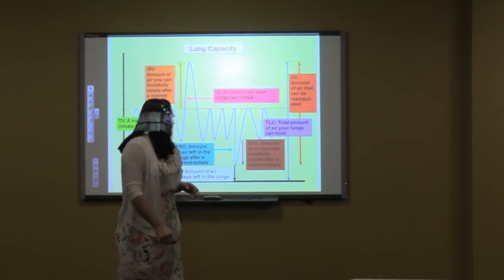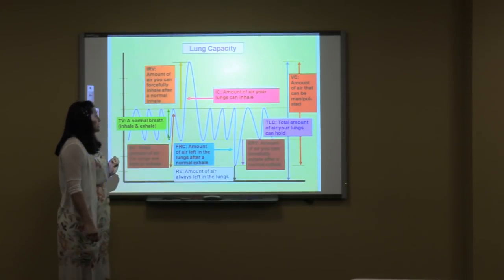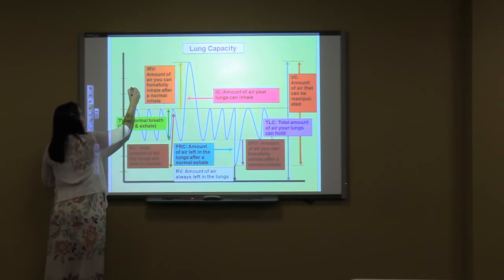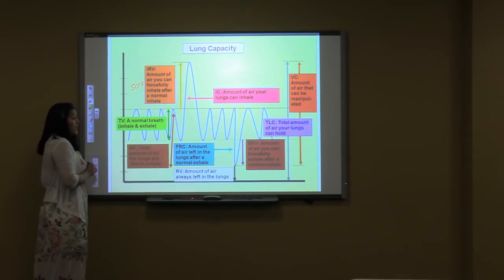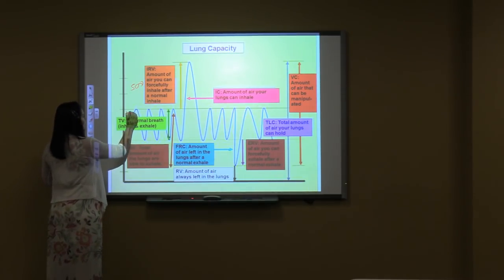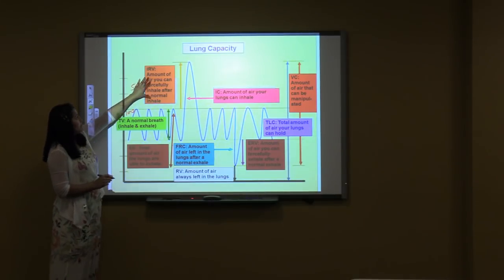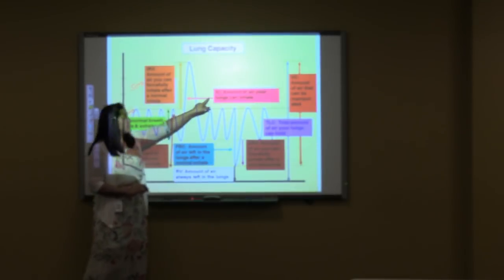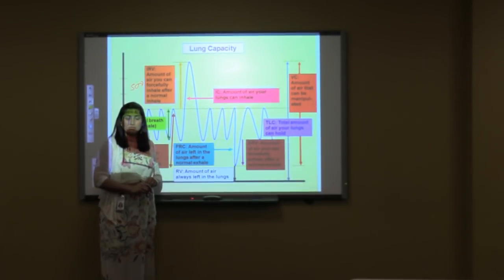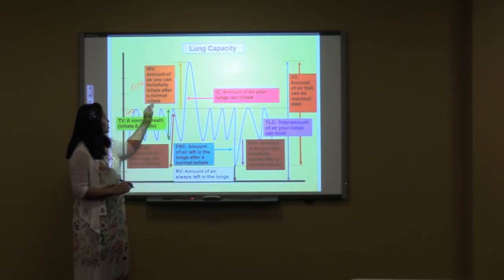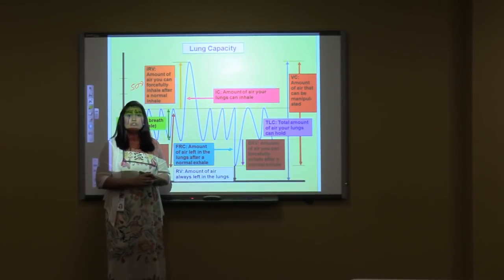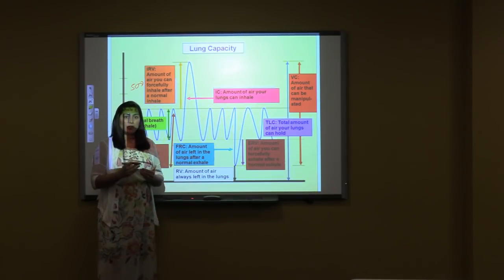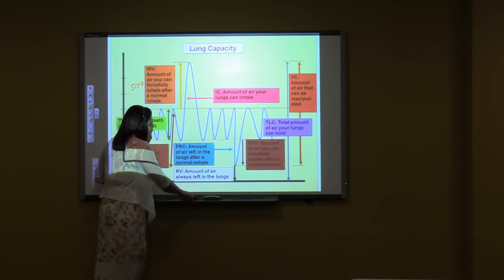In a sense, let's say I give you IRV is 500, and I tell you TV is 100. So this amount is 500, this amount is 100. So what is the amount of IC? You add both of these together, which gives you IC, which is going to be 600. Okay? So let's look at some equations.